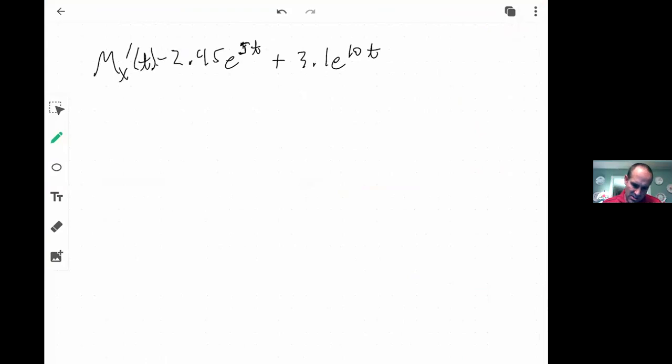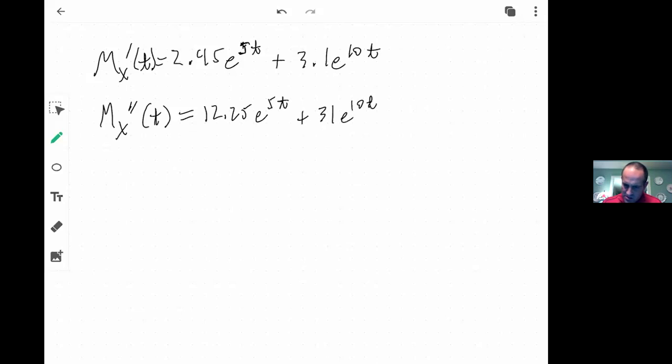Okay, so what about the second derivative here? Well, I would have to multiply 2.45 by 5 again. I get 12.25 e to the 5t plus, okay, and that one's easy. It's just 31 e to the 10t.